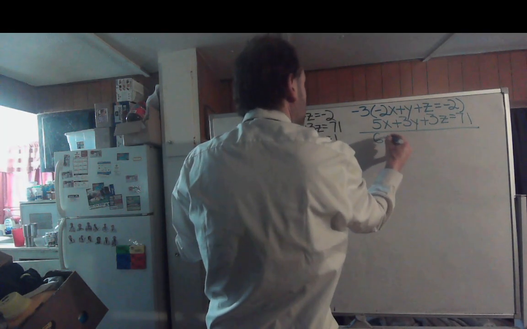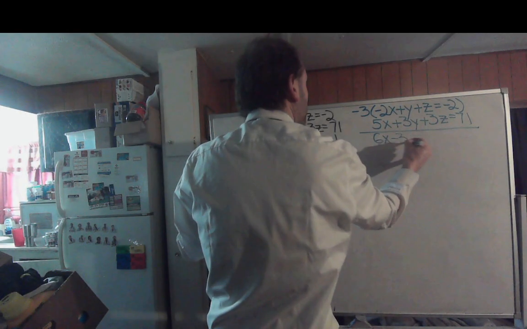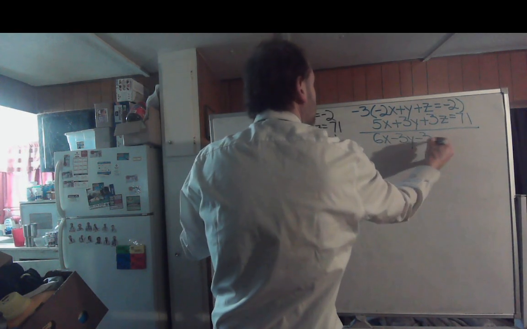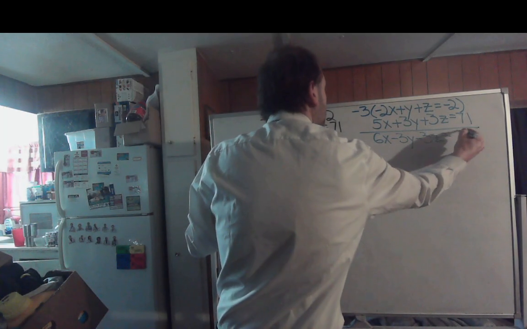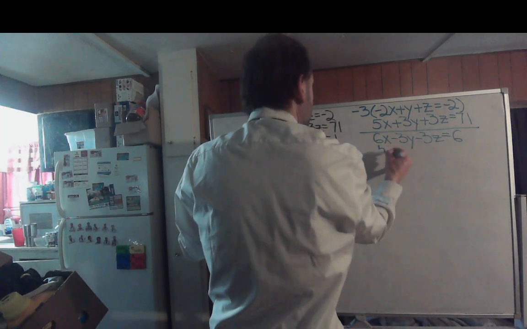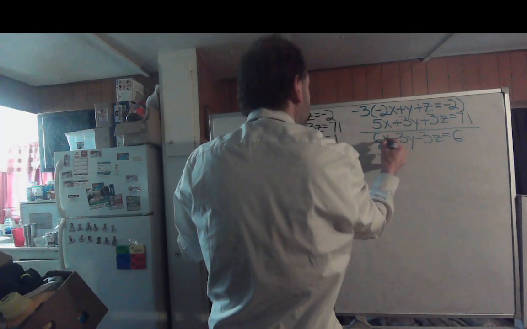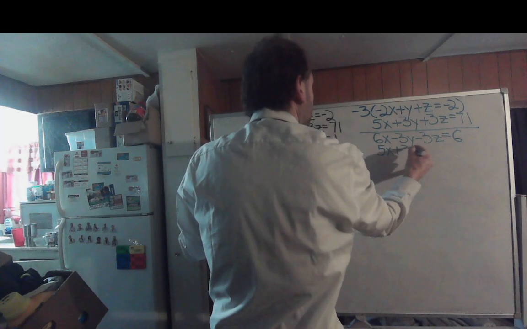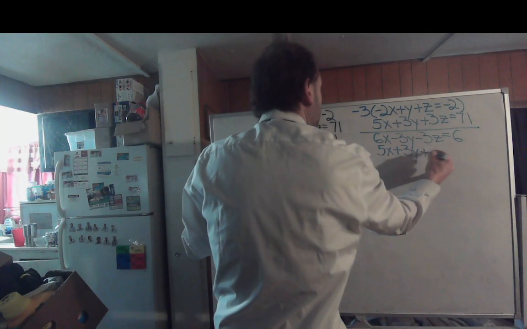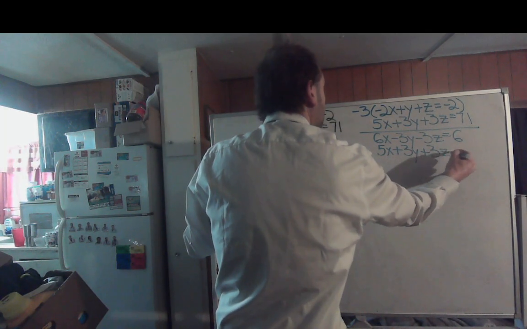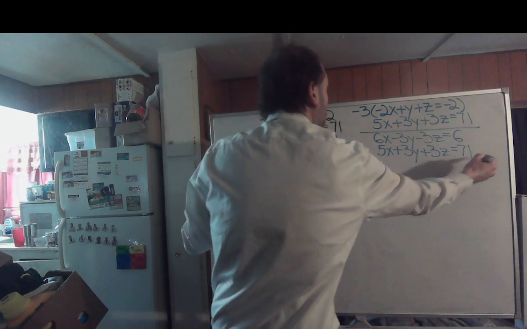You end up with 6x minus 3y minus 3z equals 6. Then you still have 5x plus 3y plus 3z equals 71.